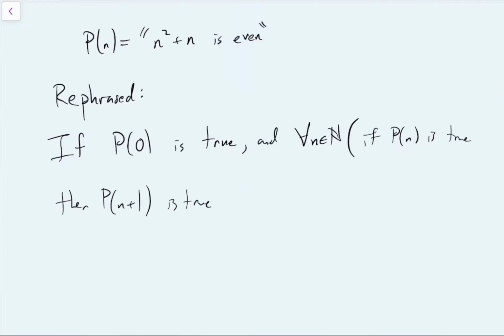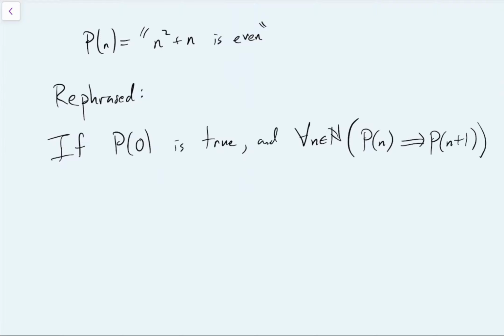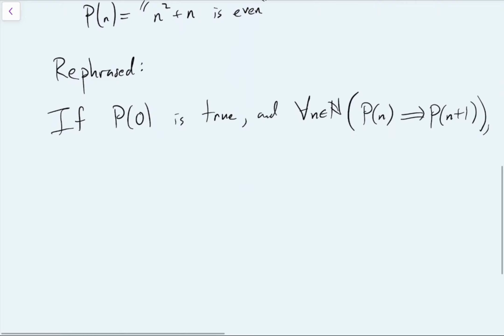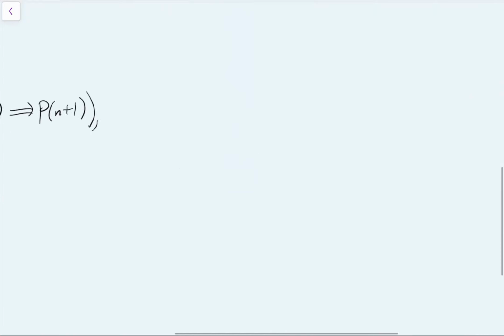So in other words, by this I just mean I can deduce the implication p of n implies p of n plus 1. That'd be like the shorthand way to write this. Then, for all natural numbers n, p of n is true. Okay, so this is the principle of mathematical induction.